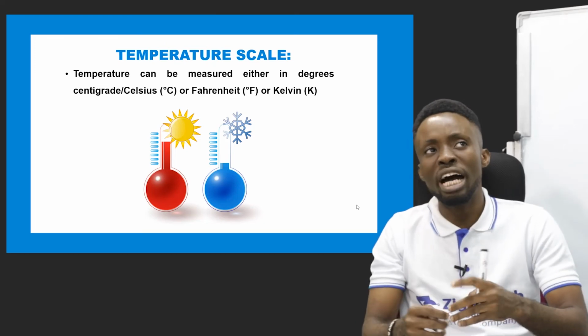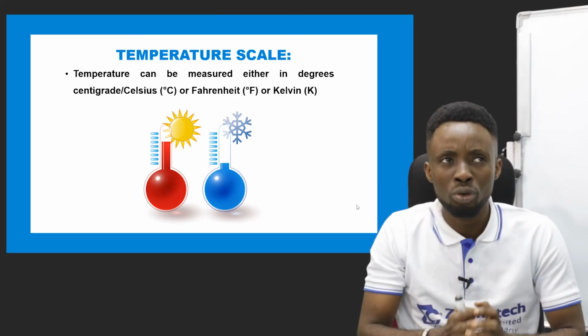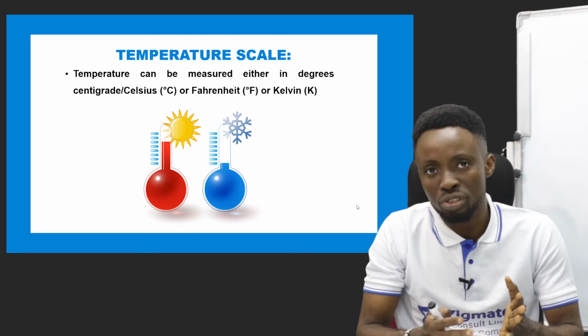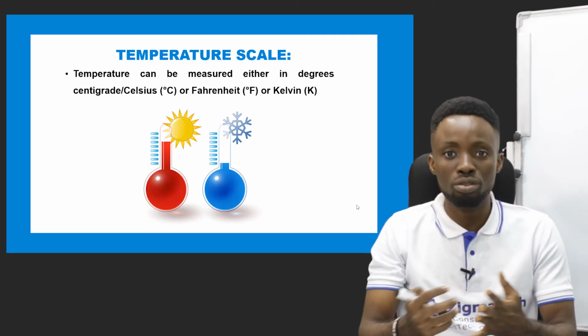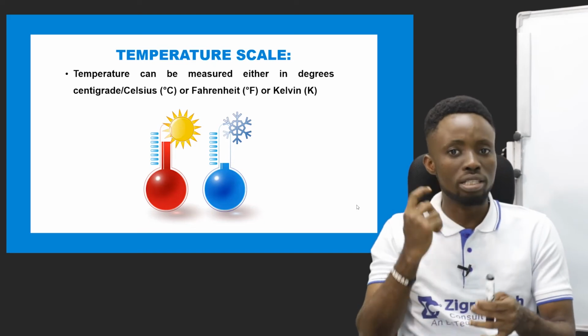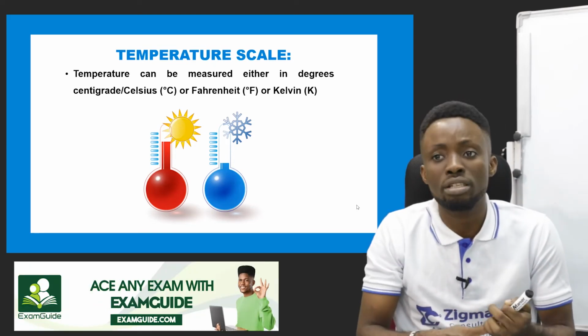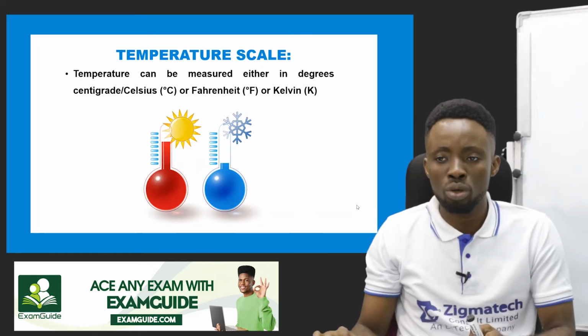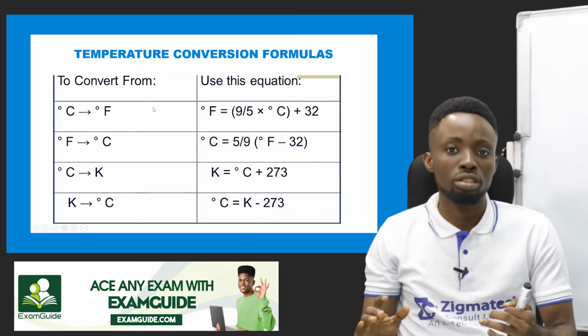We also have the Reaumur scale, which is an obsolete scale that is not actually used in the present day. So we're going to look at how we can use the Celsius scale, the Fahrenheit scale, and the Kelvin scale.